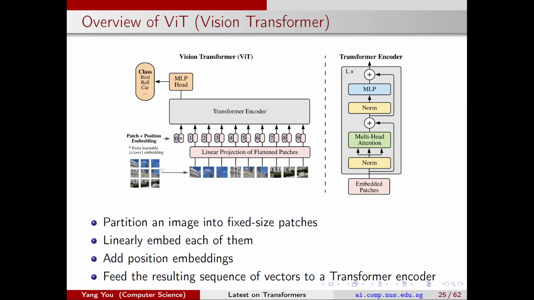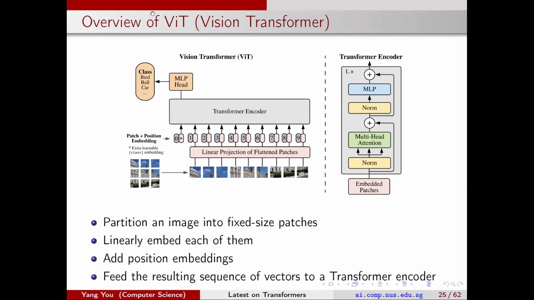Here, for example, we partition the image into 9 patches, and then we convert each patch to a token. Now we have 9 tokens. That's the rough idea for ViT. The most important thing is that ViT builds a sequence of tokens.